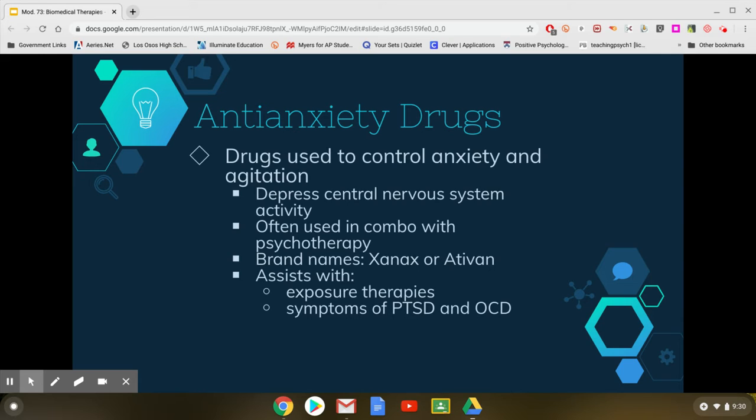Or if they're having a panic attack, they might take one of those things. Or to help them deal with exposure therapy and to help lessen that anxiety so the person can even go through with those exposure therapies. But what we'll see is anxiety disorders are actually more often treated with what are known traditionally as antidepressants instead.